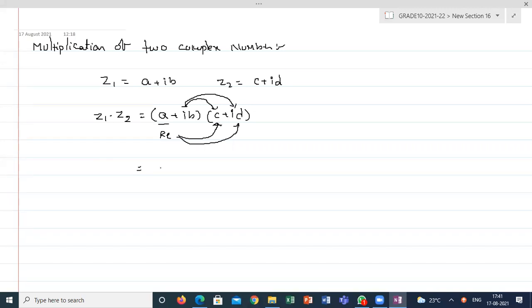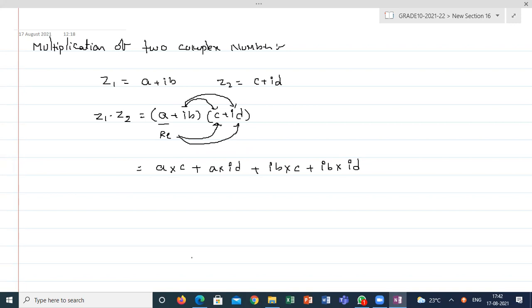So A into C plus A into iD plus iB into C plus iB into iD.